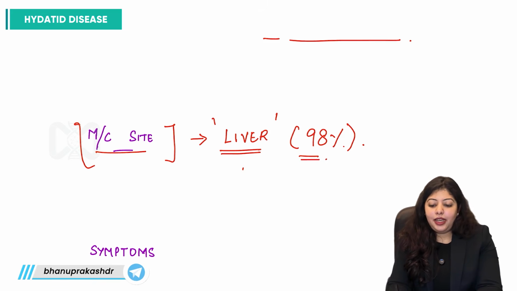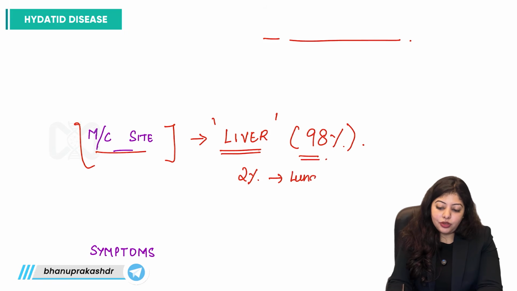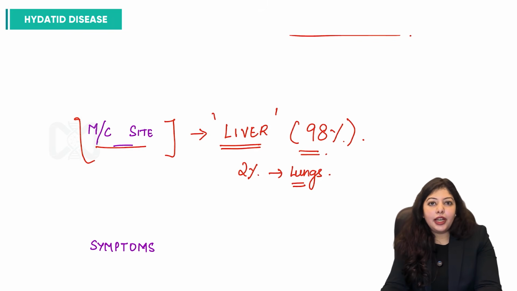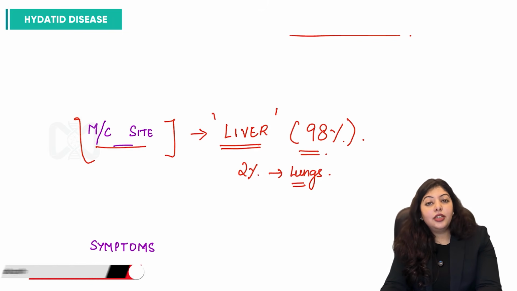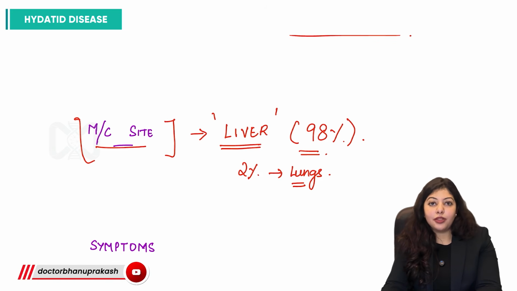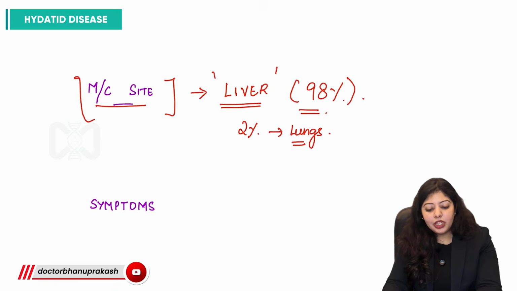It is only 2% where lungs might get destroyed. So do not get confused with the name alveolar echinococcus that it is definitely going to affect the lungs. No, it is still the liver which is getting affected by this particular parasite species.